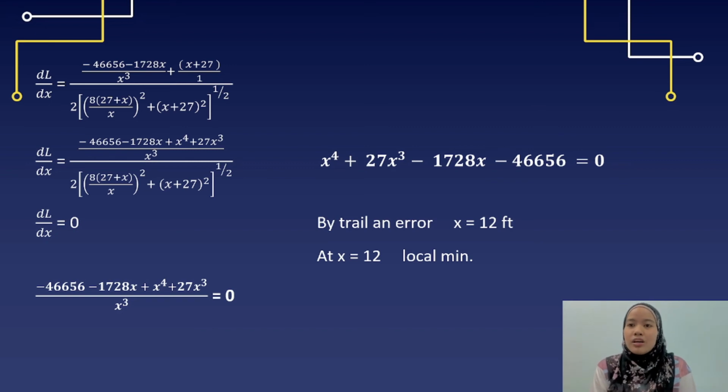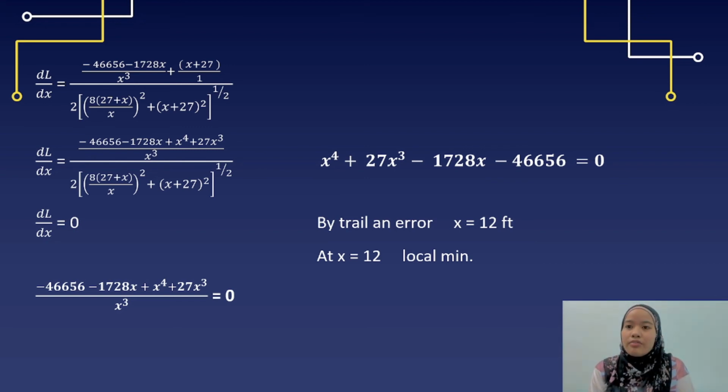So next, dL over dx equals 0. As you can see, we substitute that into the equation, so that all equals 0. And then we multiply both sides by the denominator to simplify everything, so we don't have a lot of numbers to work with.